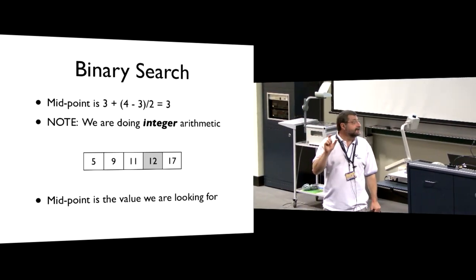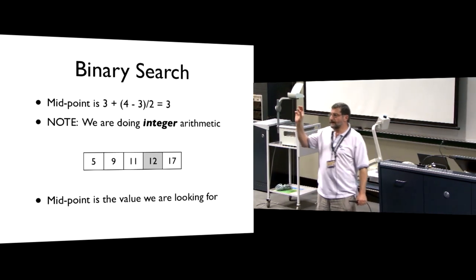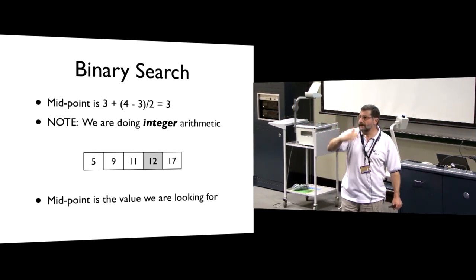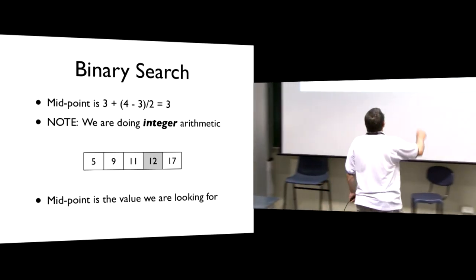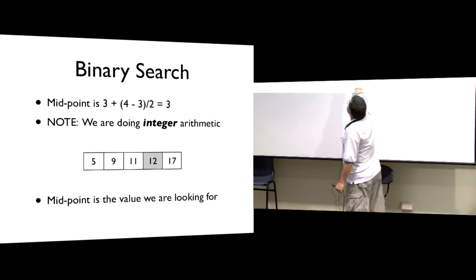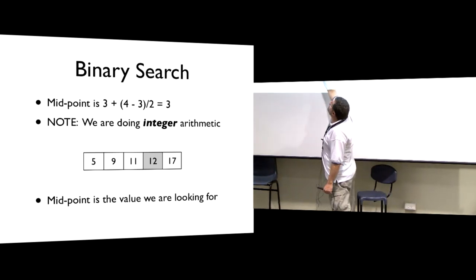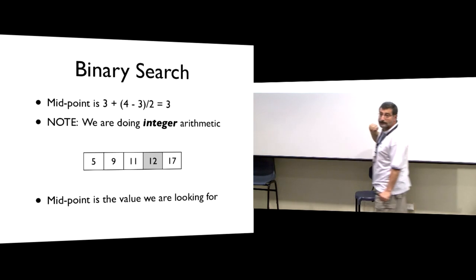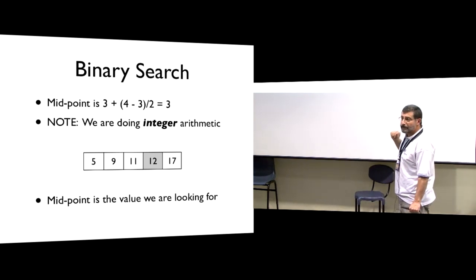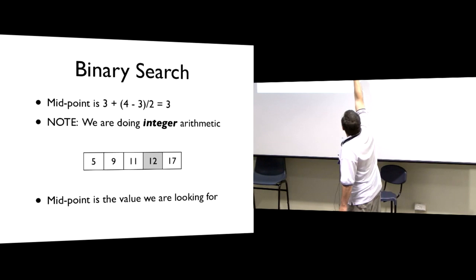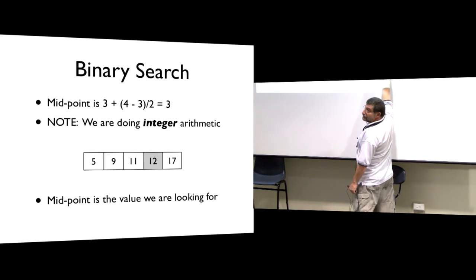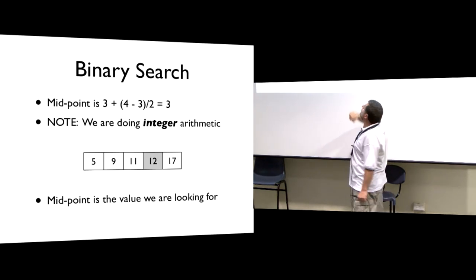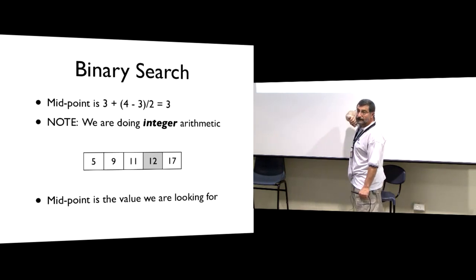Well, this is calculating the midpoint of the right-hand side of the array. Remember, we're pretending that all of that's gone, but we're still going to have an array that's numbered 0, 1, 2, 3, 4, all right? So in (4 minus 3) divided by 2, 4 is the position of the endpoint over there, and 3 is the position at the beginning of the array.